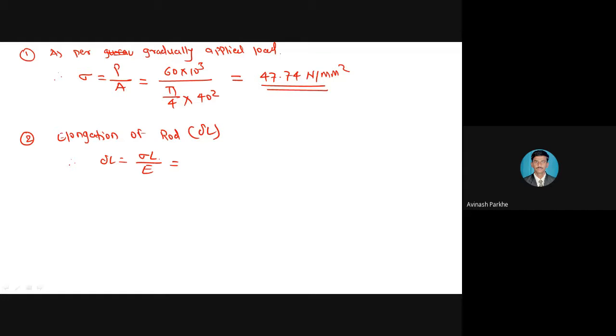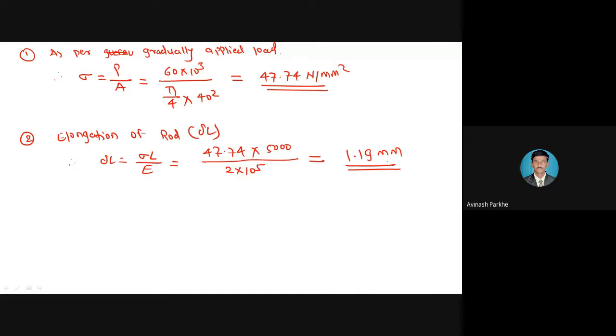For elongation, we have this common formula delta L is equal to sigma L upon E. So sigma we have just calculated, 47.74, into length, which is converted in mm, divided by 2 into 10 raised to 5. Then find out the elongation. Delta L is equal to 1.19 mm.